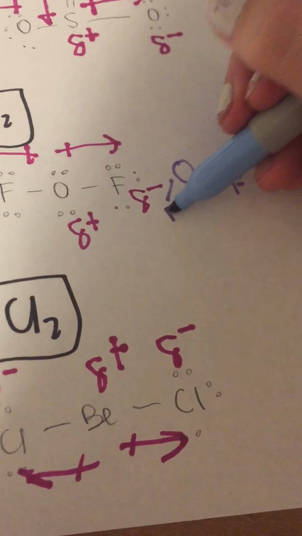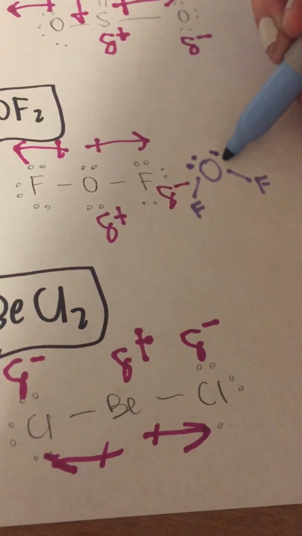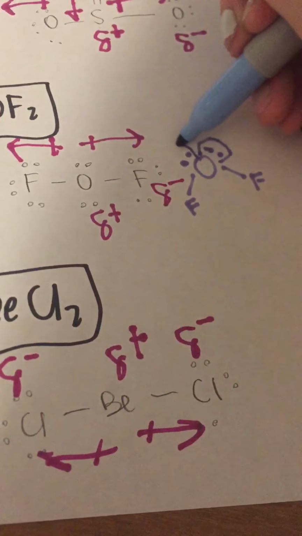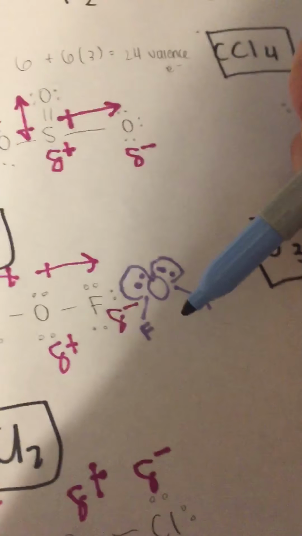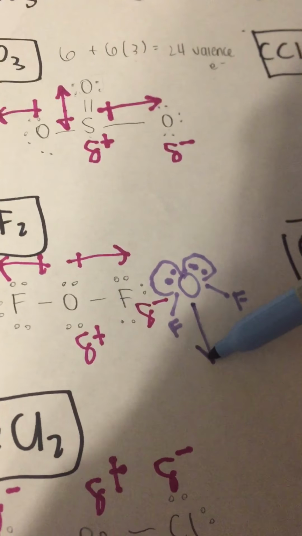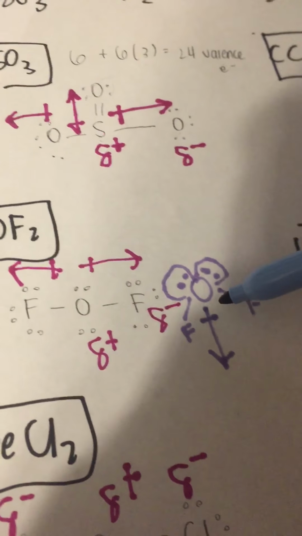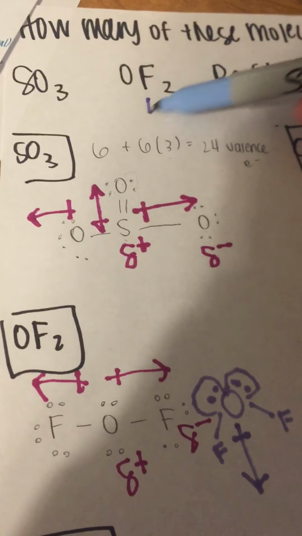We have our fluorines, and then our 2 non-bonding pairs. This is the molecular geometry of that molecule. The 2 non-bonding pairs make the bond dipoles go like this. So there is a net dipole, and this molecule is indeed polar.